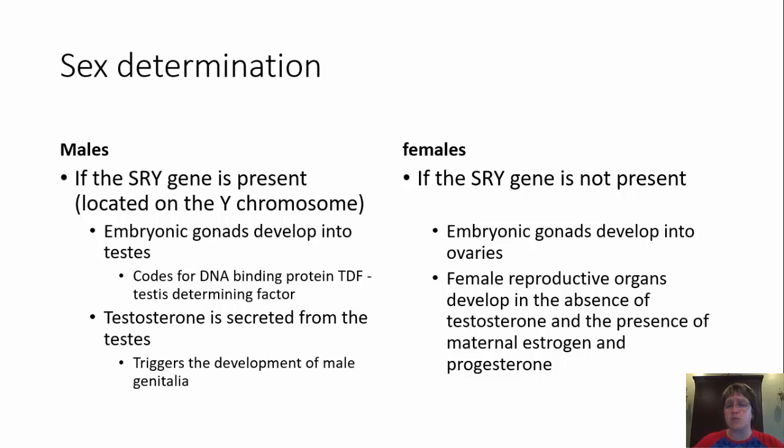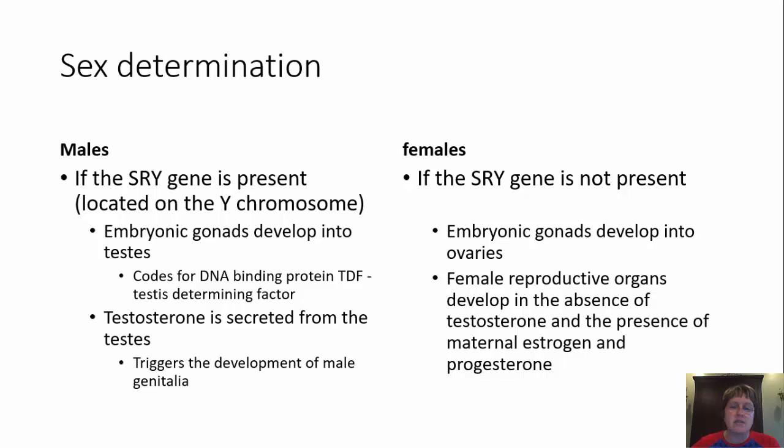In females, of course, females don't have a Y chromosome, they just have two X's. So the SRY gene is not present. And if it is not present, then the embryonic gonads will develop naturally into ovaries, because there is no DNA binding protein of TDF, or testis determining factor.